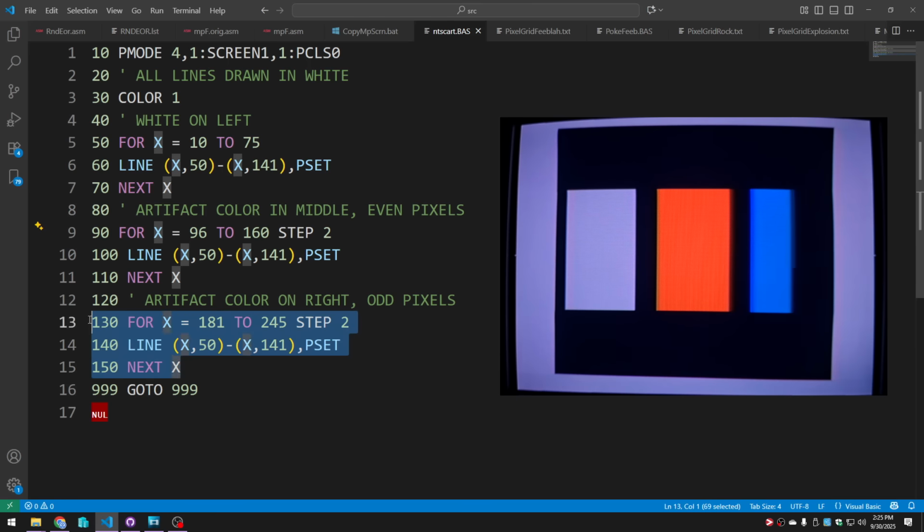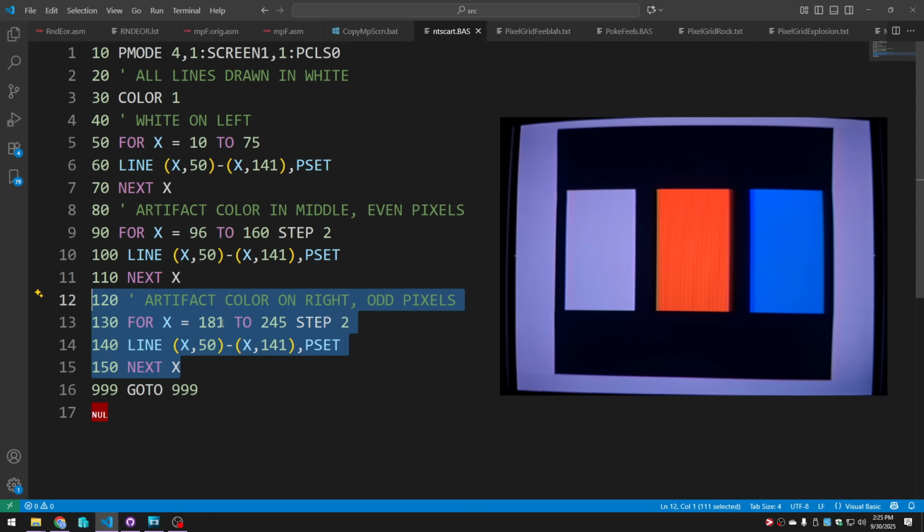And finally on the right side, the exact same trick, except we're doing odd pixels instead of even. Once again, instead of getting the zebra stripes we'd expect, we get color, and in this case, blue. So from the programmer's perspective, there really are only two colors, black and white. The extra colors we're seeing are an unintentional, even undesirable side effect of how color TVs work, known as color artifacts.